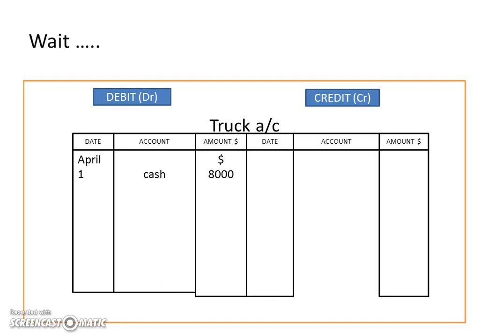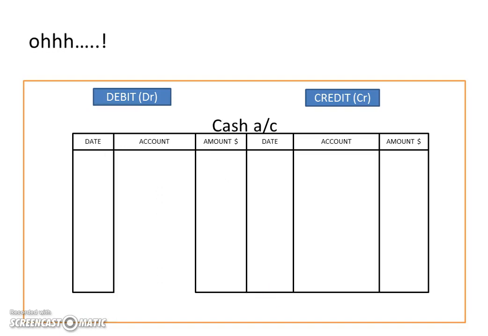Now remember, every transaction must have two accounts. So the alternative account, sorry, the corresponding account, is your cash account. We have to explain what happened to our cash, since the cash was ours before. So what happened to the cash? We exchanged it for a truck, right?